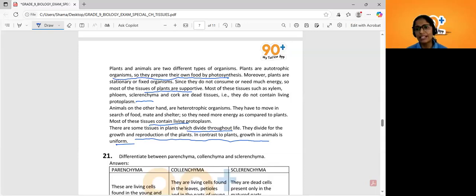In plants, the energy requirement is very little and they are stationary at one place, so most of the cells are supportive in nature. In the case of animals, they depend on other organisms for food. They have to wander here and there for food, mate and shelter, so more energy is required in them.